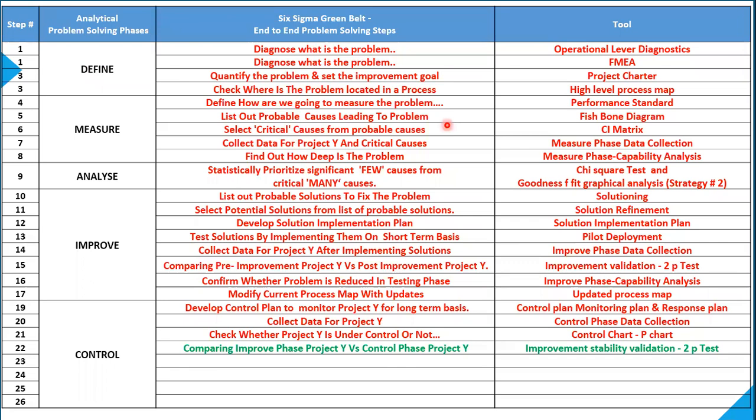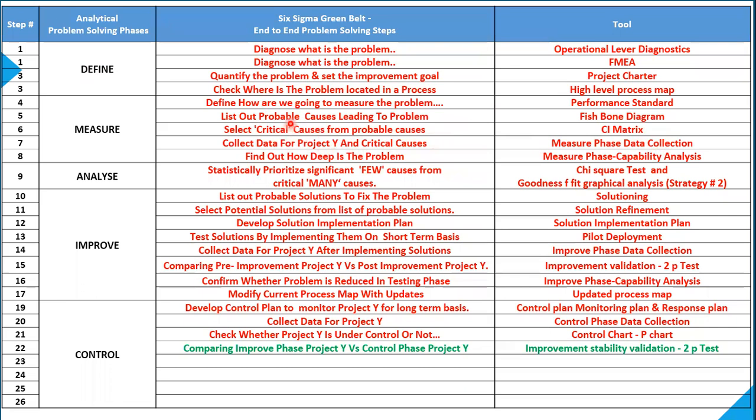The first level of prioritization is with the help of the CI matrix, where from this list of probable causes, you will finalize and segregate critical causes, the causes which are highly controllable, highly severe, and of course highly frequent. Once that is done, you'll go ahead and collect the measure phase data for project Y and for the critical causes. Then, once you have project Y, you're trying to find out how critical the problem is, so you're going to measure that as well.